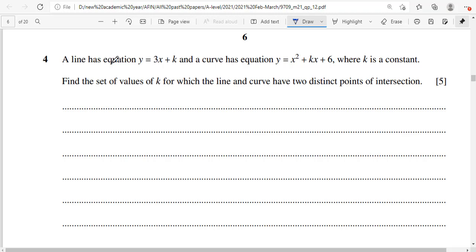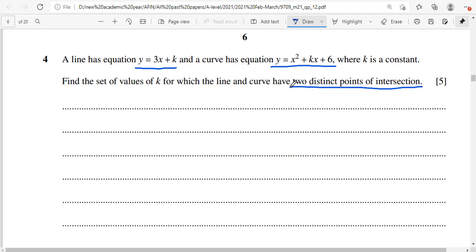Okay, a line has equation y equals 3x plus k, and a curve has equation y equals x squared plus kx plus 6, where k is a constant. Find the set of values of k for which the line and curve have two distinct points of intersection.